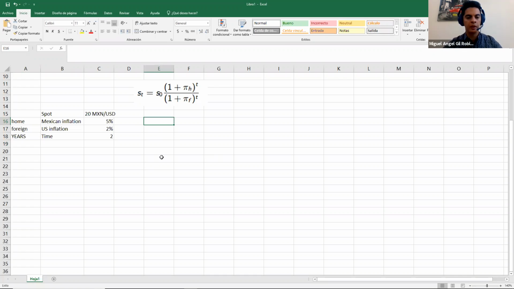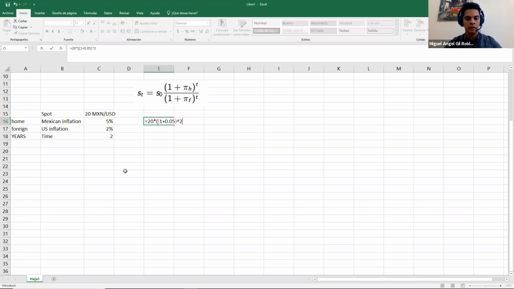So let's do the operation in here. It would be 20, that's what you have as the spot at time 0. And you need to multiply that times 1 plus the home inflation rate, which in this case, home is Mexico, so 0.05.